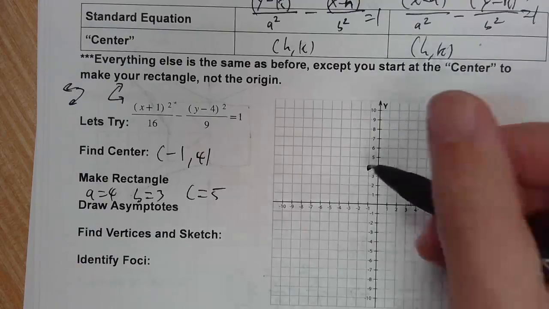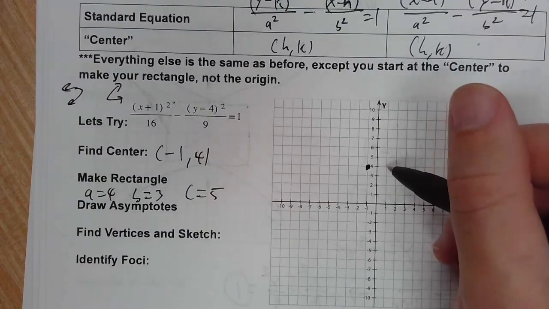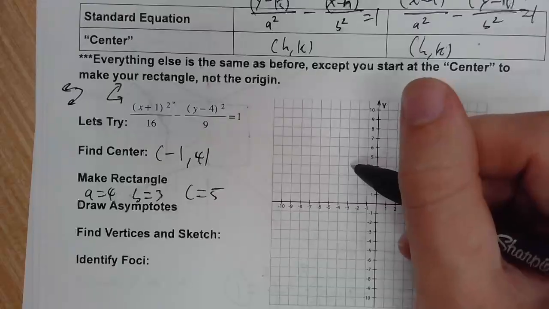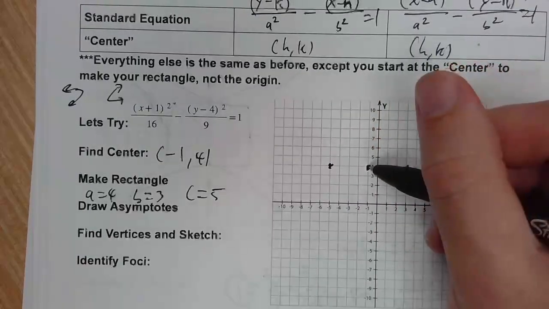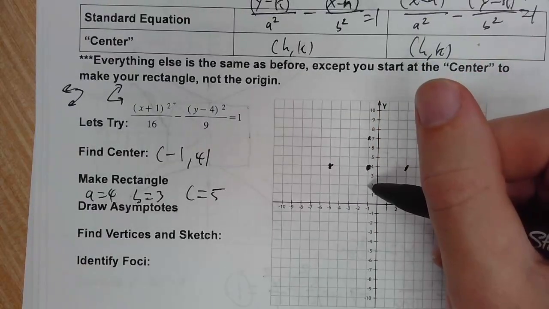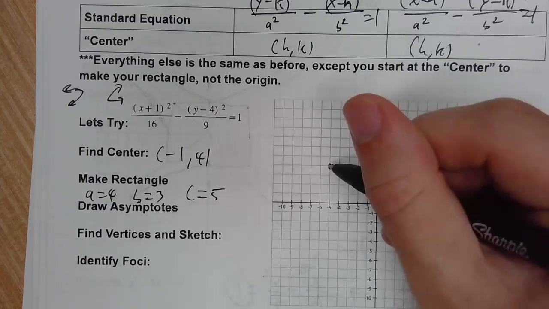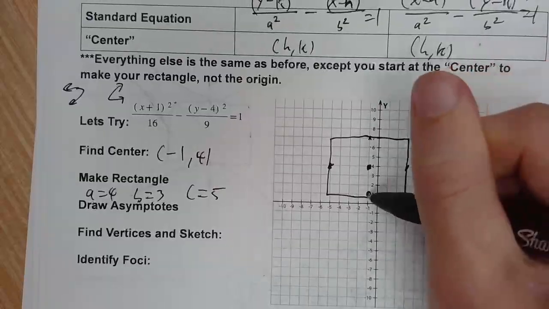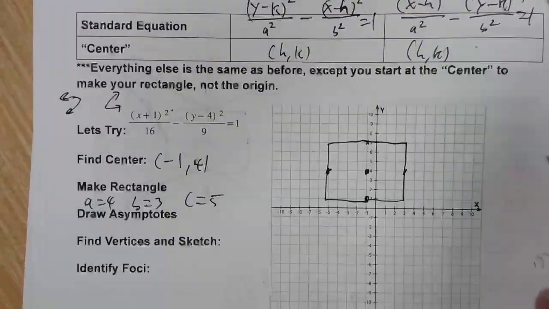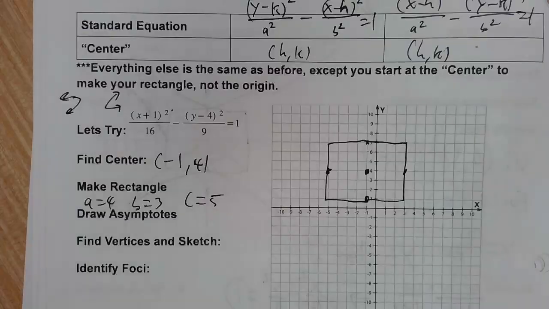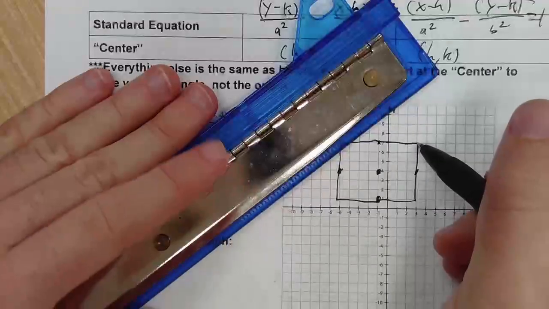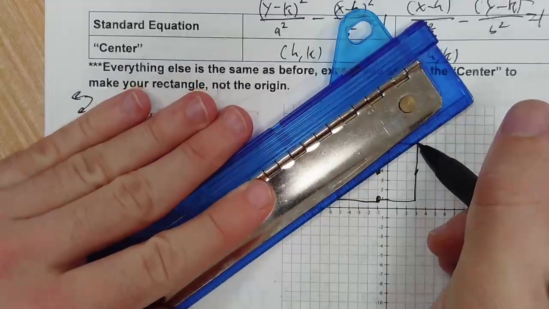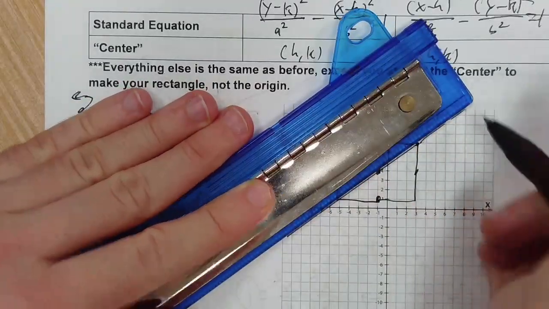We're going left to right, so I'm going to go 4 right, 1, 2, 3, 4, 4 left, up 3, 1, 2, 3, down 3, 1, 2, 3, rectangle, left to right, asymptotes. Let's get the asymptotes.